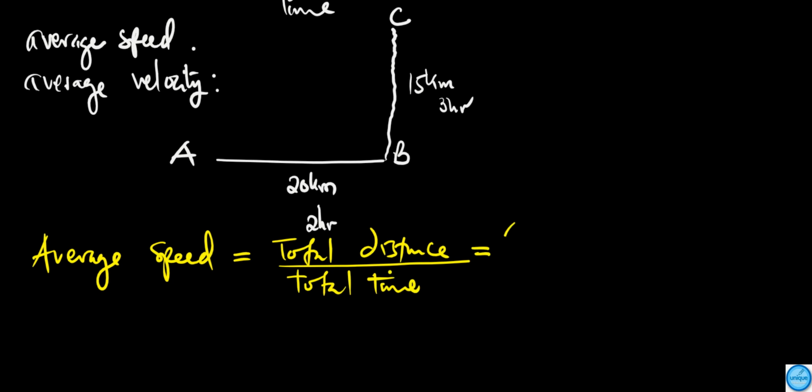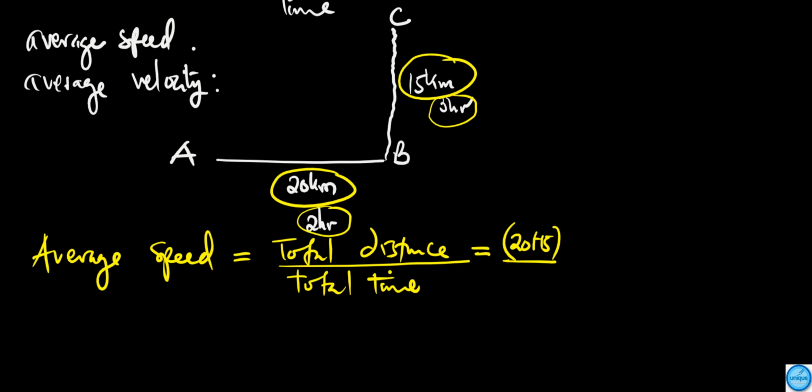Total distance here is 20 plus 15, divided by total time, which is 2 plus 3. So we have 35 kilometers divided by 5 hours. So our average speed is 7 kilometers per hour.